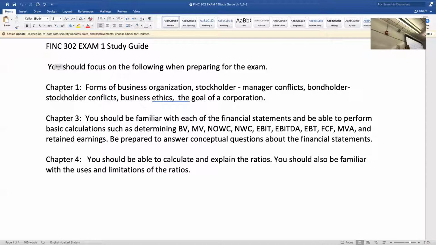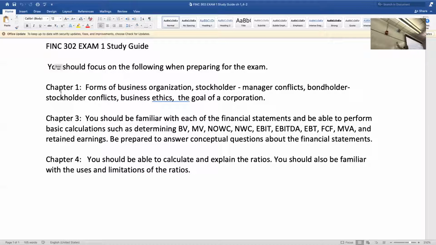I'm sorry. There's not a calculation, but there's a concept question about the inventory turnover ratio. So just make sure you know what that is and can explain what it means. Read about that in the book.